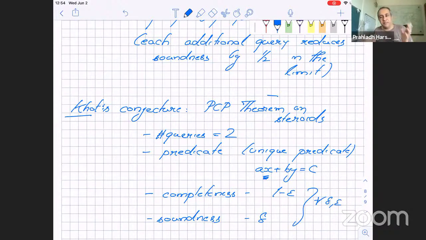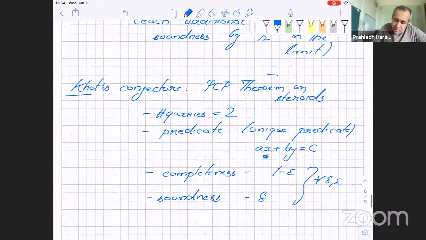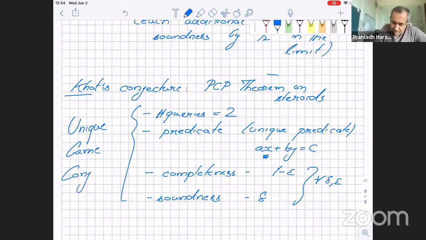If you had such a PCP theorem on steroids, then if this was your starting point, then you could prove that this is what is called the unique games conjecture of Khot. That such a PCP theorem exists.